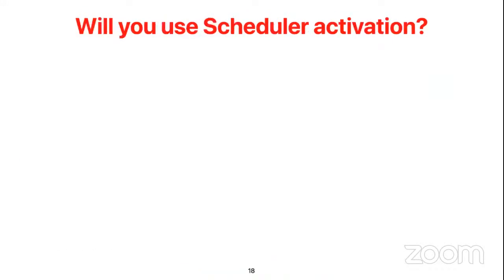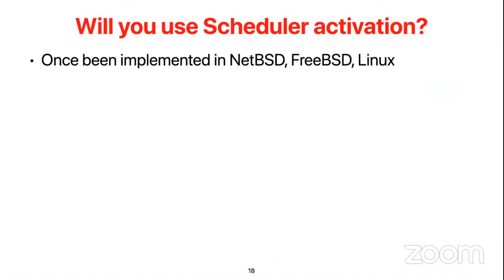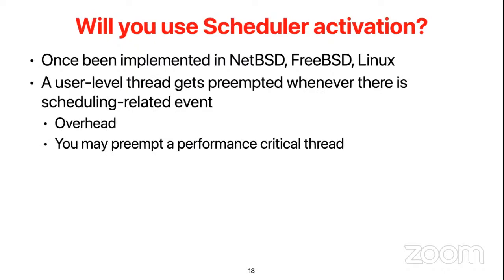Scheduler activation was once implemented in NetBSD, FreeBSD, or Linux. However, the kernel still has no idea about the task and the priority of each user level thread.